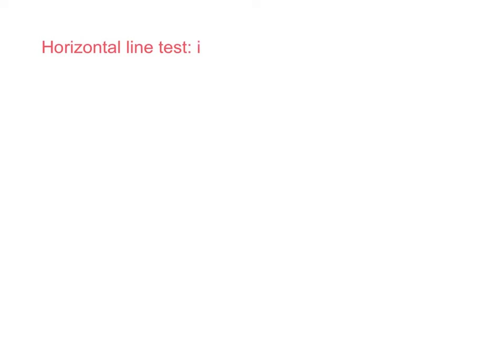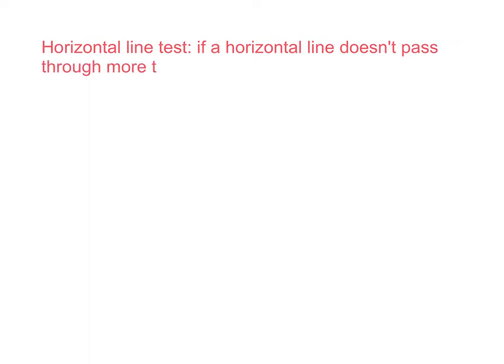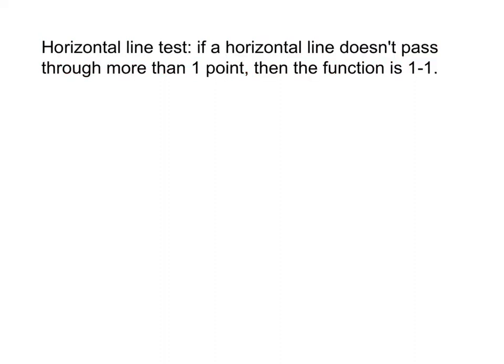So if a horizontal line does not pass through more than one point, then the function is one-to-one.